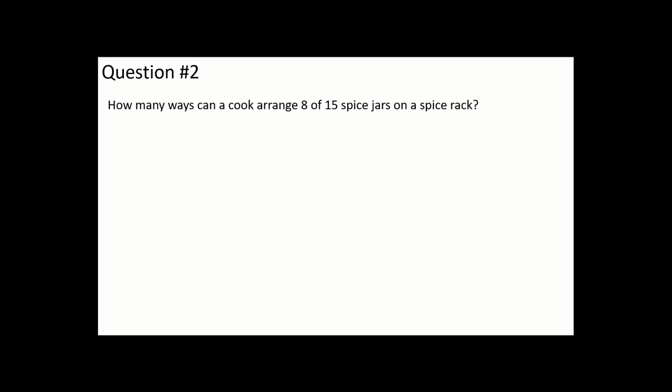Question 2. In this question, order matters. How many ways can a cook arrange 8 of 15 spice jars on a spice rack? So this is going to be a permutation. N is 15, R is 8.